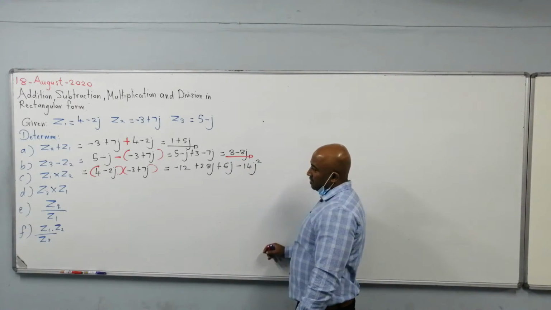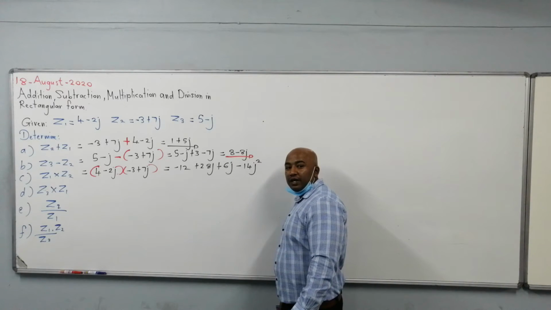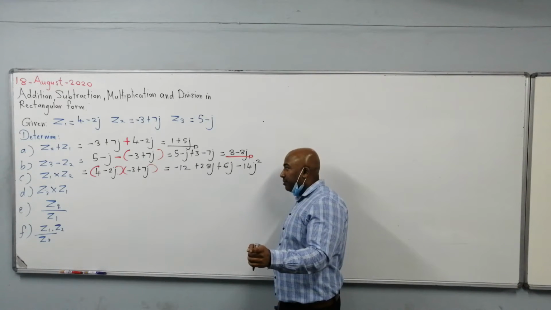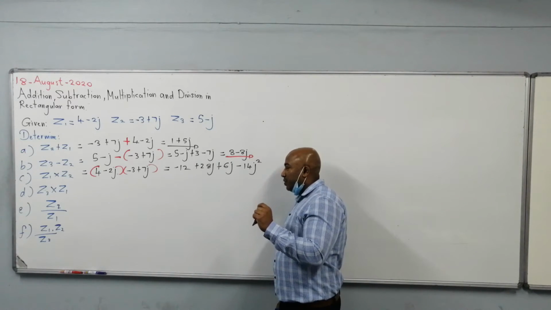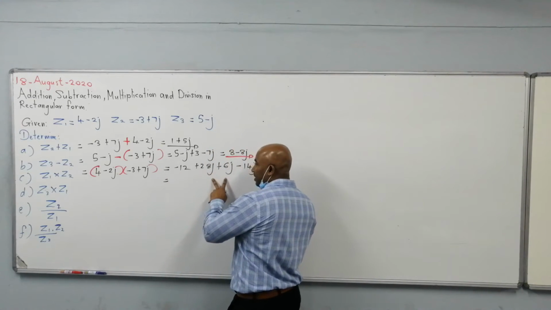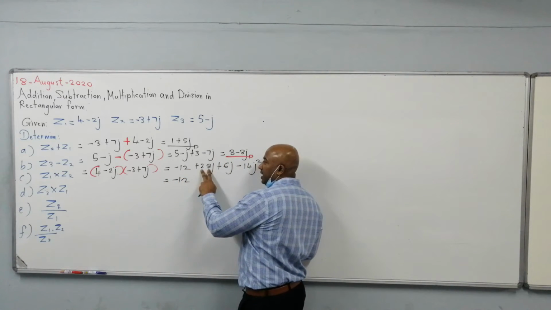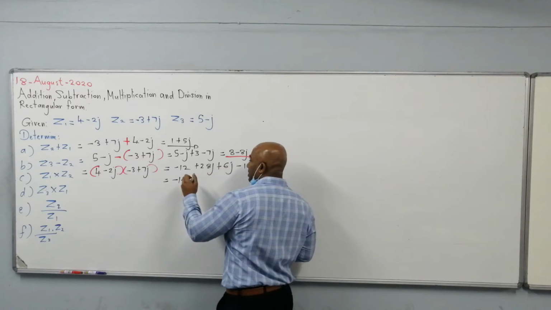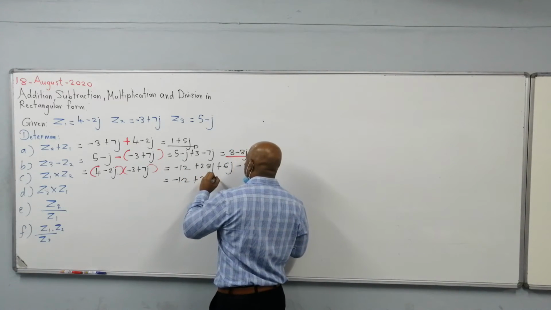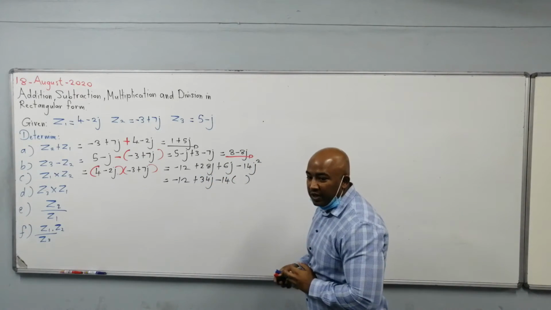J squared. Okay, so now it's the first time we are coming across a power higher than just 1, j to the power 1. So now we have j squared. Let's simplify further. So we got minus 12, then we got 28 plus 6, which is going to be 34j, minus 14 multiplied by j squared.